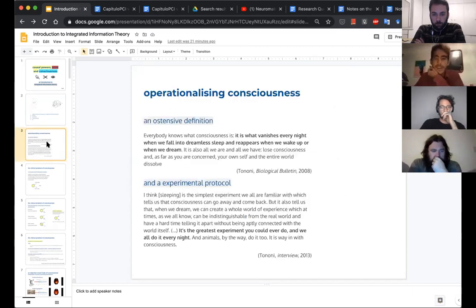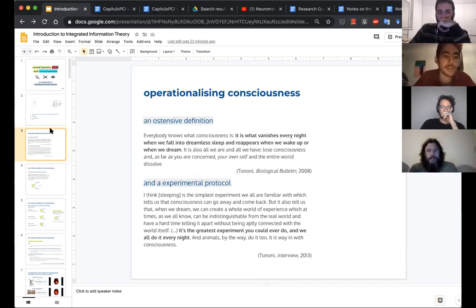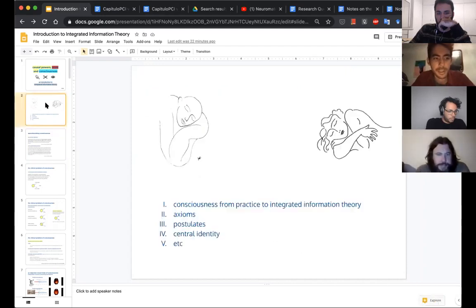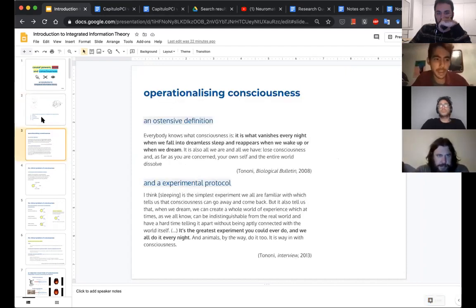Some context before the integrated information theory. It was developed in 2004 by Giulio Tononi, and a little bit before that with Gerald Edelman, the guy who discovered antibodies.